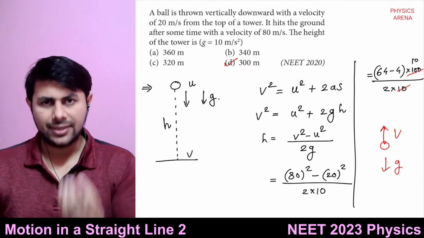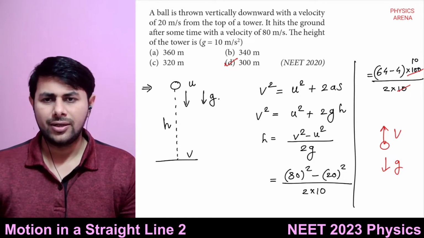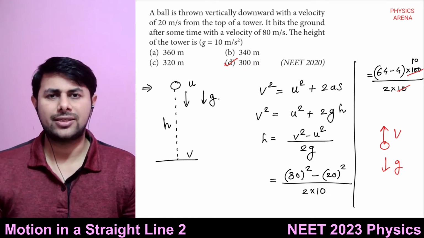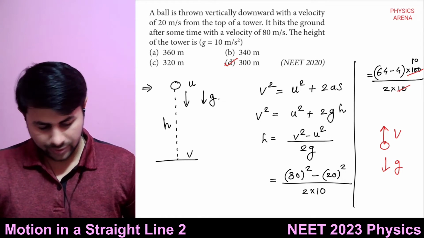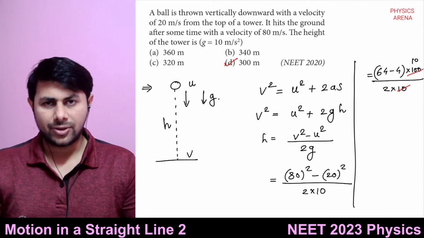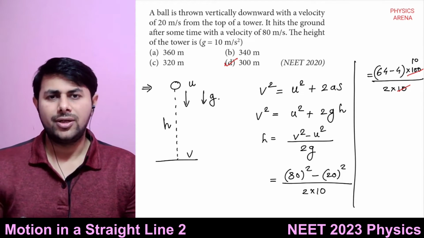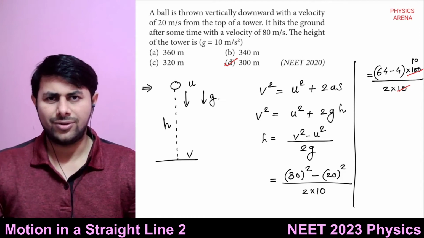The earth is attracting that ball, so acceleration is downwards, velocity is upwards. So if you take velocity positive, acceleration would be negative. If acceleration is in the same direction as that of velocity, you will take it as positive. If it is in the opposite direction of velocity, you will take it as negative. Okay, simple convention.